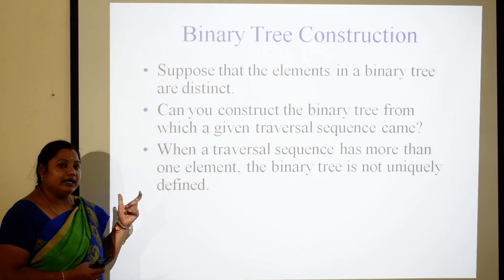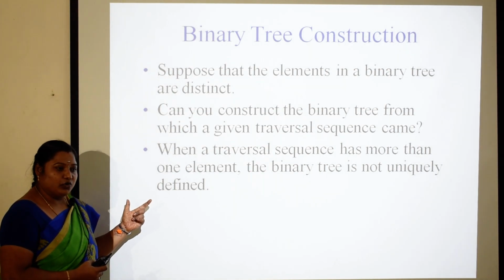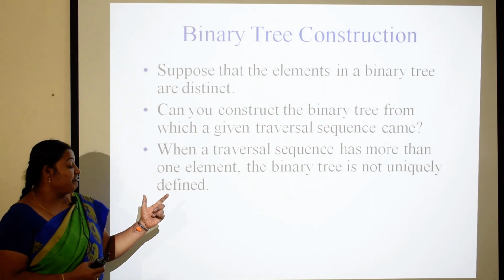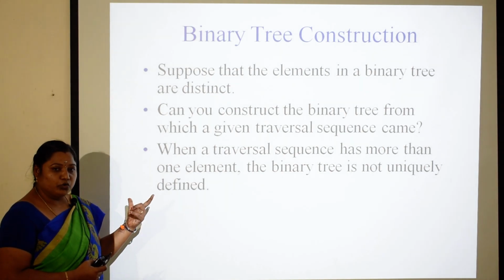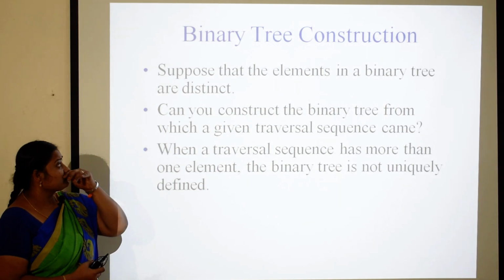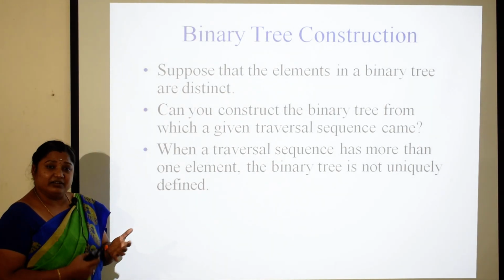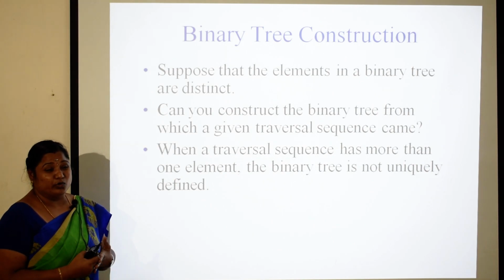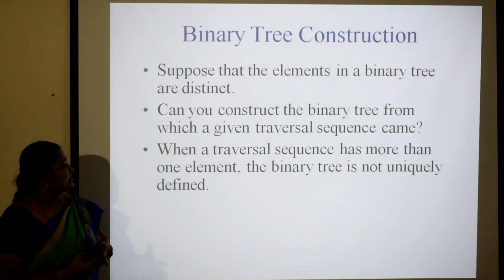If it is prefix order, then first it prints the root node, then the left node, and then the right node. So whatever expression is given, whether in-order, pre-order or post-order, we can construct a binary tree easily.